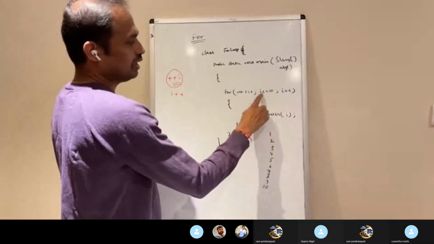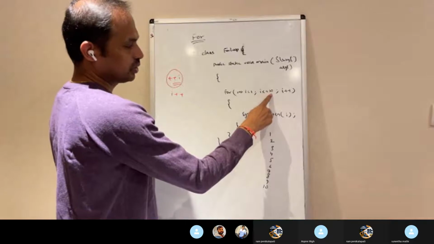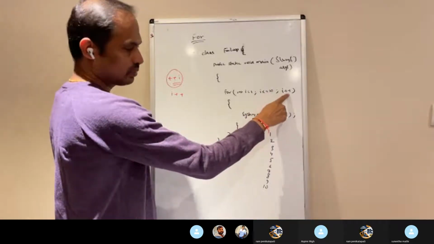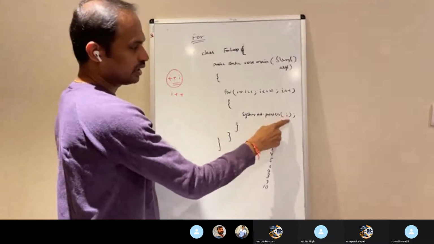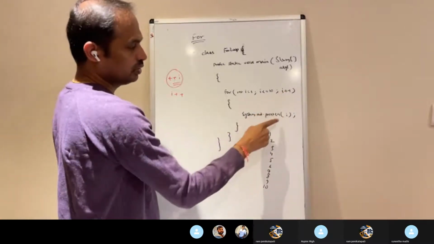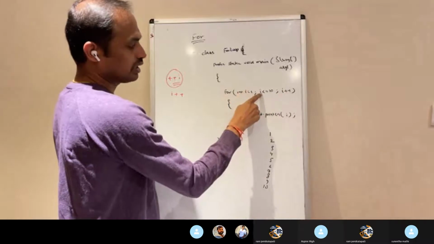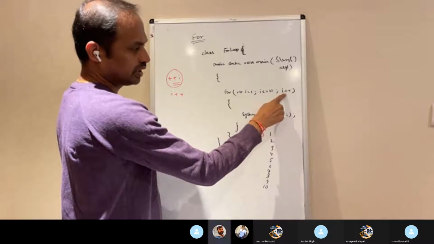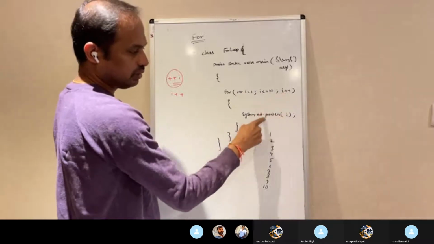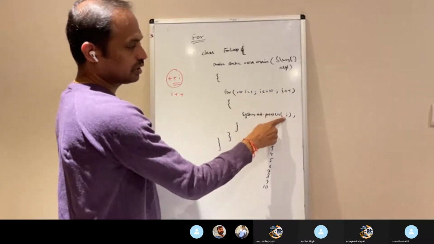So i is 1, less than or equal to 10, yes, true. It will come here, it will print i. After that, i will be increased to 2. Then it will check 2 less than or equal to 10. Yes, it will be incremented, but this effect comes after the printing. So it will print 2.